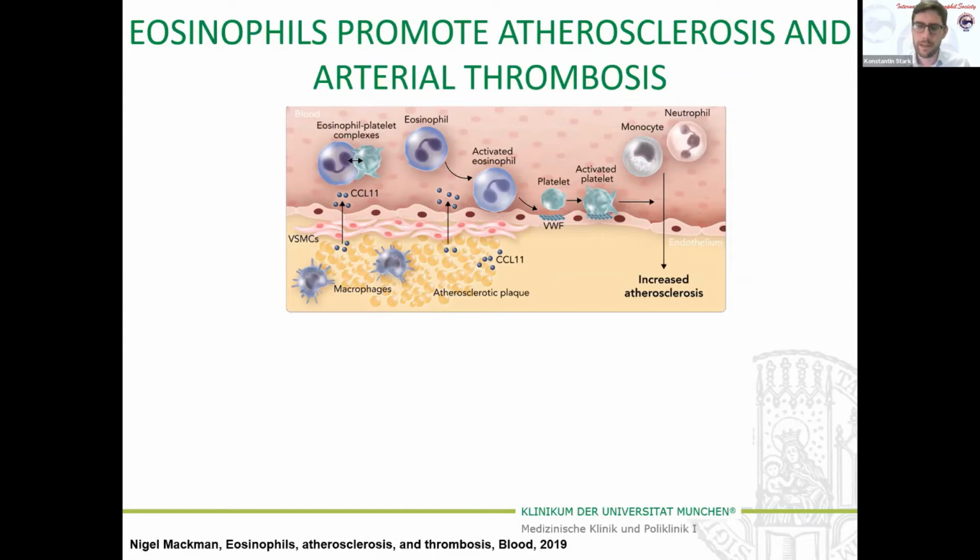Activated eosinophils lead to the release of von Willebrand factor from endothelial cells, which in turn fosters platelet recruitment, and these platelets then support the recruitment of monocytes and neutrophils, which increase plaque formation.